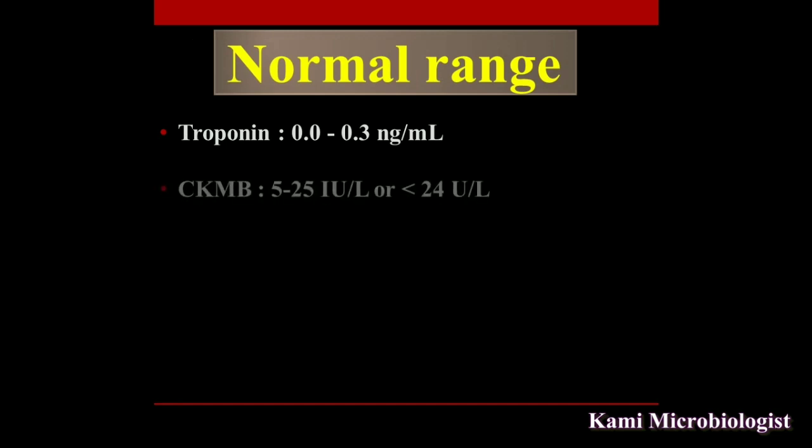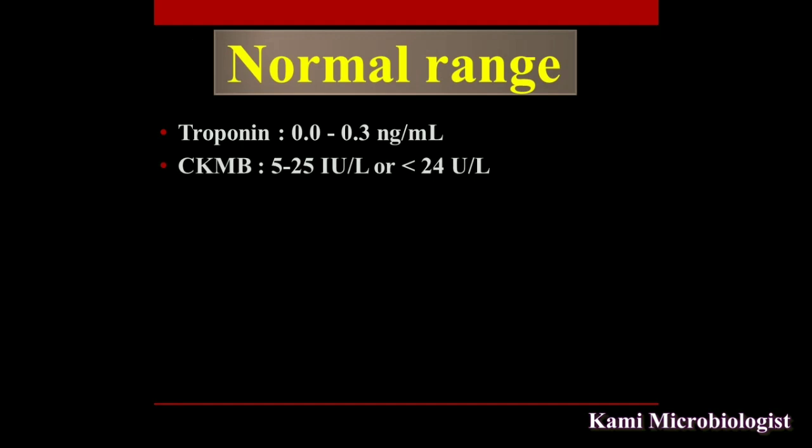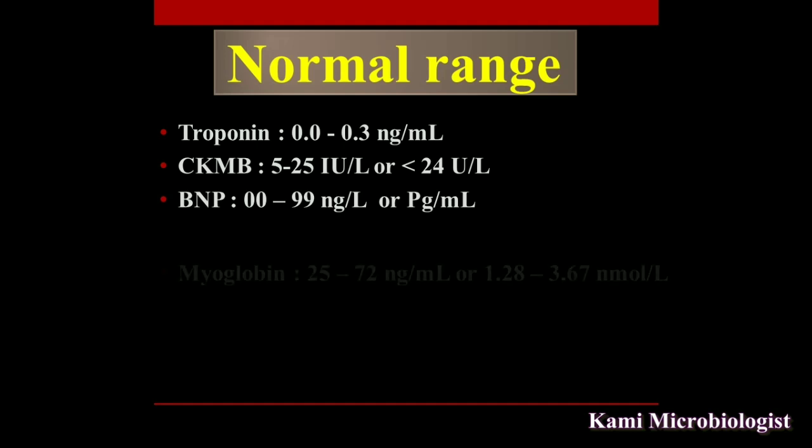Let's see the normal range. First of all we have troponin. The troponin normal range is between 0.0 to 0.3 nanogram per ml. CKMB normal range is 5 to 25 IU per liter, or less than 24 units per liter. BNP is 0.00 to 99 nanogram per liter or picogram per ml.